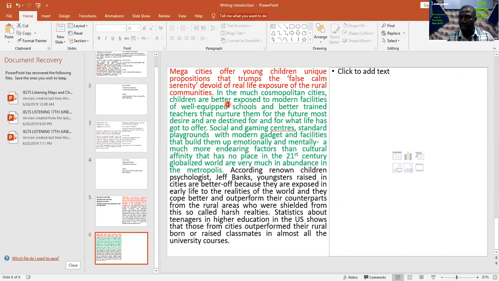It makes my argument sound, because all the way I have accepted that rural areas offer certain qualities, but they do not stand in comparison to what the cities have got to offer the children. So that is my point of argument. So these are the ways to go about it. Some of them I don't want to correct, but they are live and direct like that.